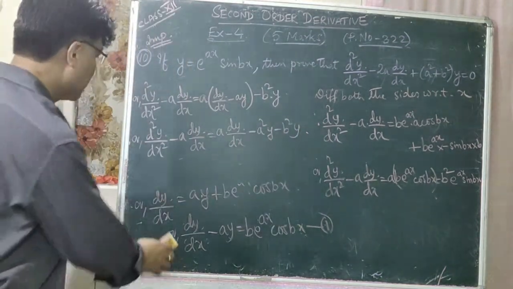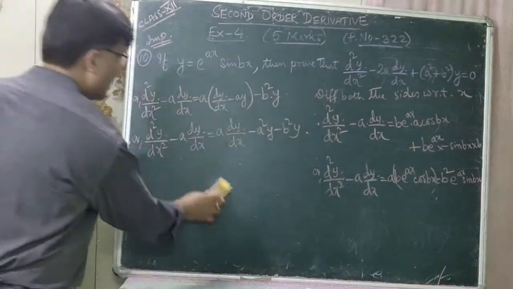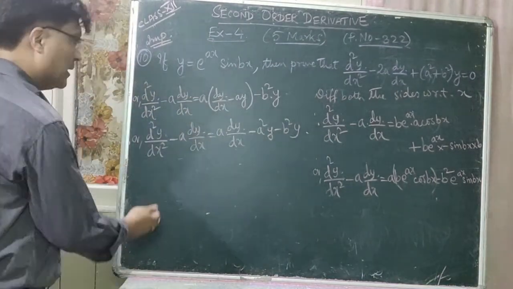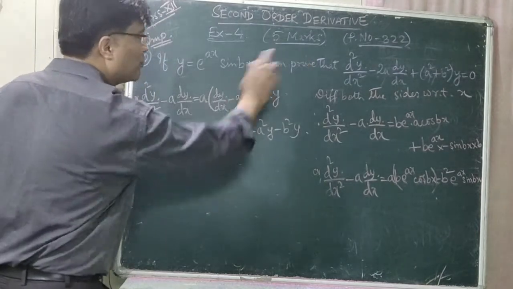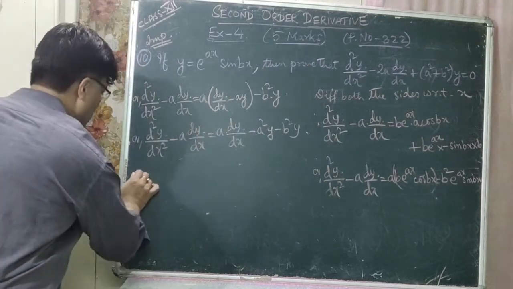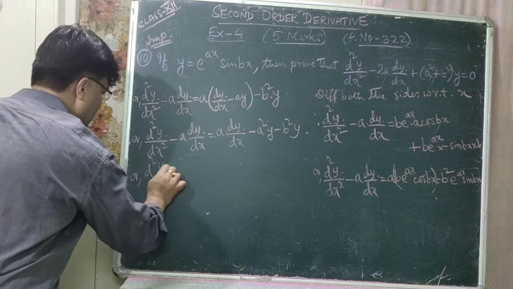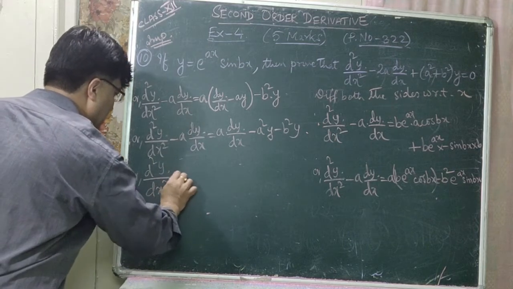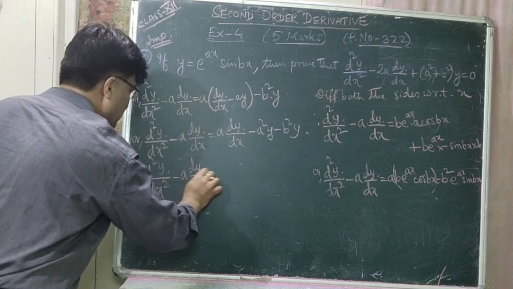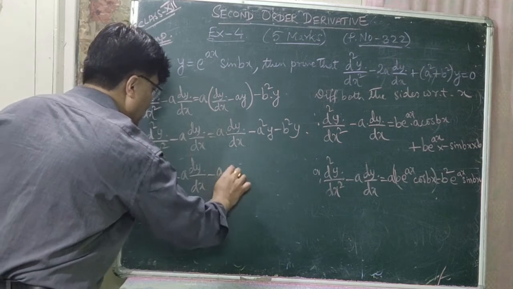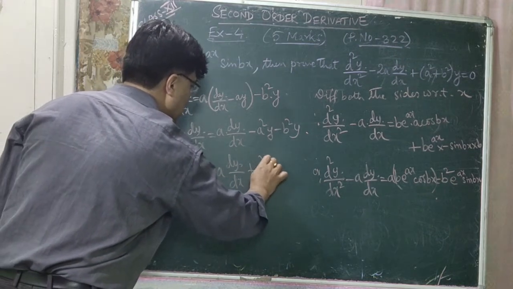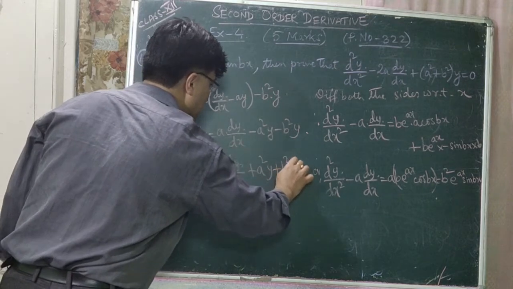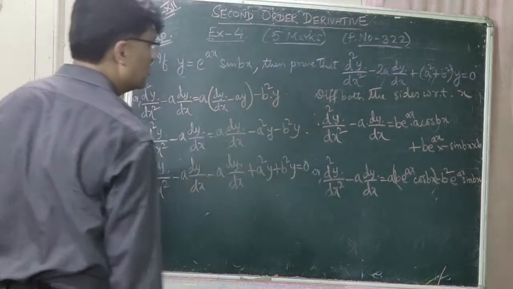Is that clear? So next, let us take all the terms to the left hand side to make the right hand side 0 in order to prove the given relation. So d2y by dx square minus a dy by dx minus a dy by dx plus a square y plus b square y is equal to 0.